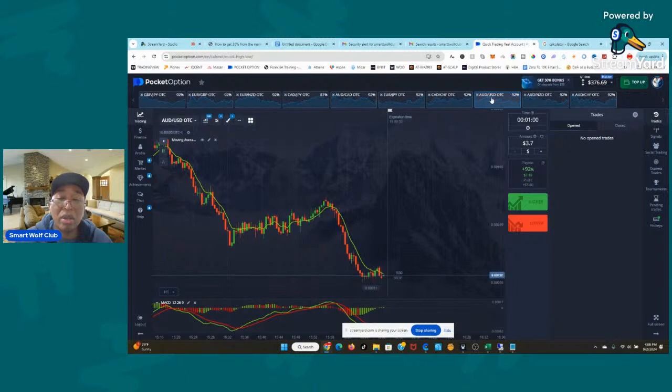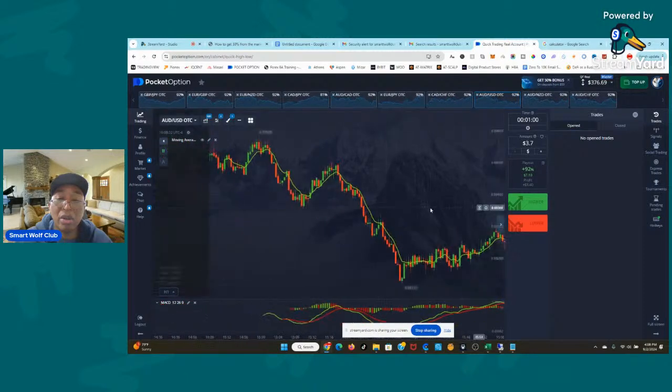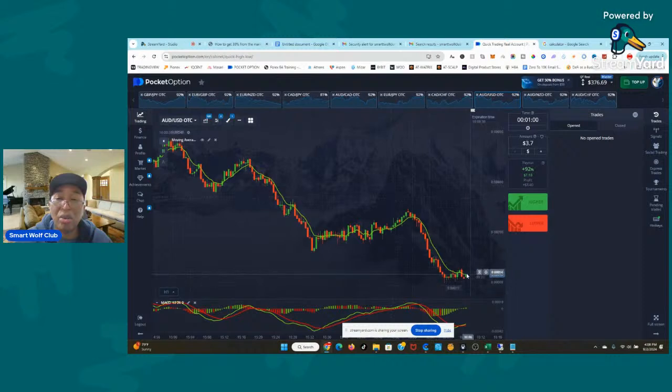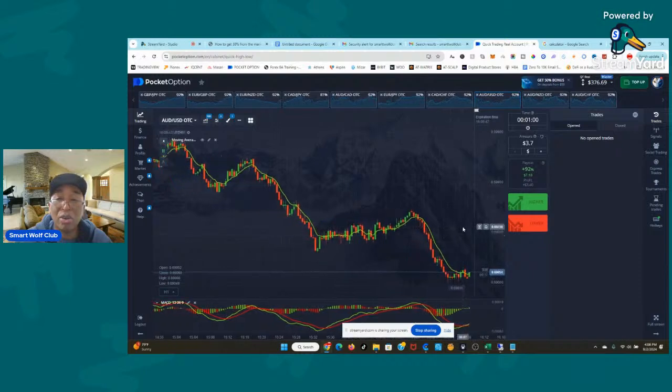Let's see this one. Okay, I can see what's going on here. Now here you can see it has started to go up, even though it's slow, but it is going up. So let's see if it closes above and it's going up, then we can jump in here. Because the green is above the red, but sometimes they can linger down here for a very long time.